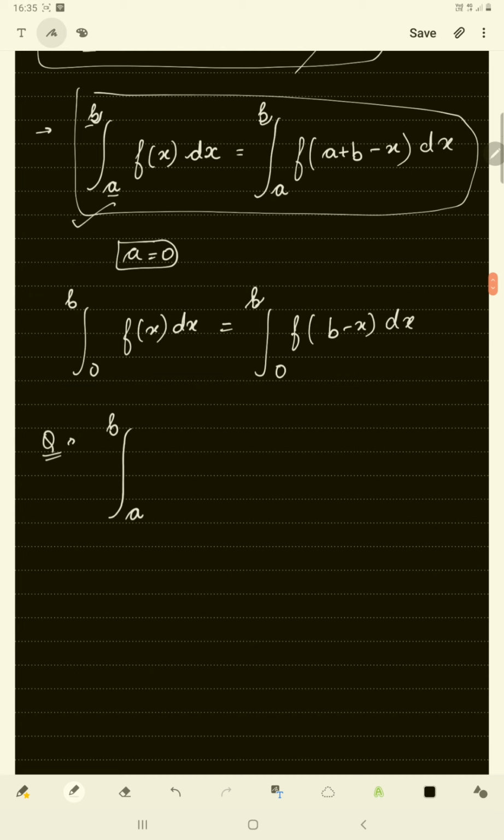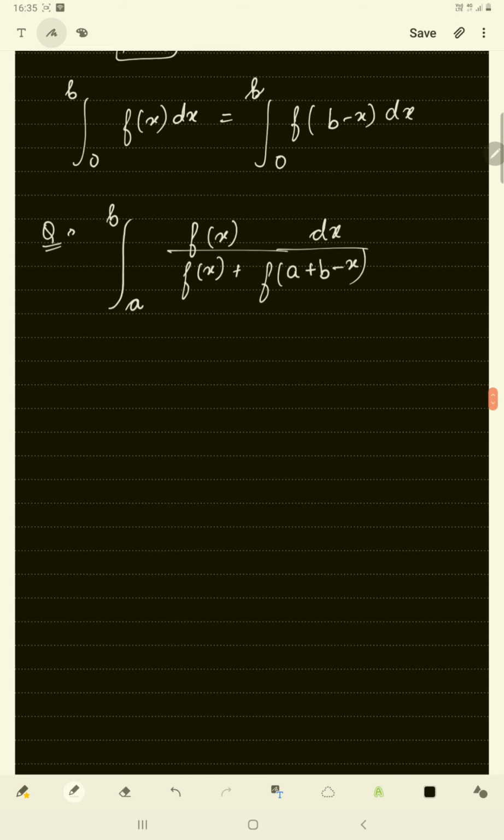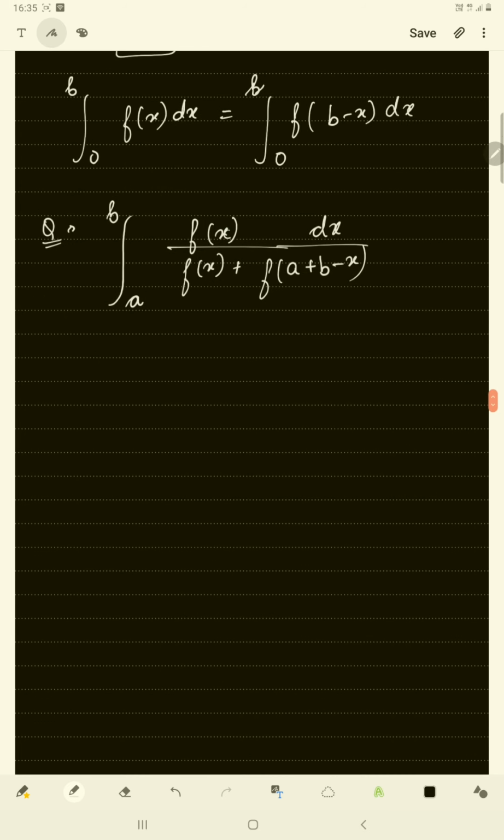So the integral from a to b of f of x upon f of x plus f of a plus b minus x. Here f can be any function, we have not defined it, but we can solve it for any function by applying this property.